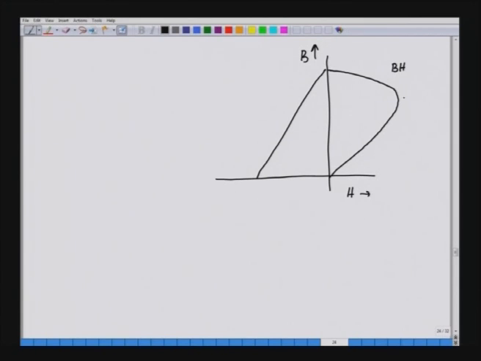Here we have the maximum BH. So, this is BH max, and BH gives the energy stored. The product of B and H gives the energy stored per unit volume. So, if you want a very compact size, we have to maximize BH.